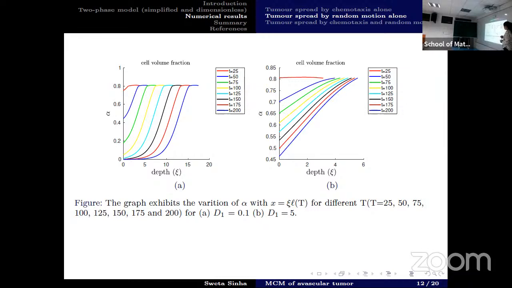But when we take D1 is 5, there is no formation of necrotic core. That is, the dead cells are not forming in the inner region. So from figure A to figure B, we see that there is a formation of necrotic core in one case, but no formation of necrotic core in the inner region in the other. The tumor volume fractions are equally spread in the whole area.